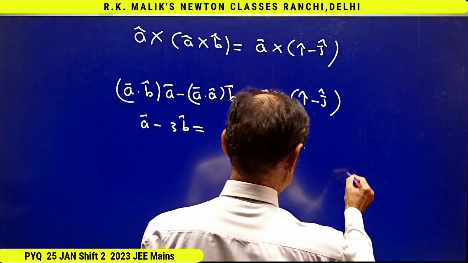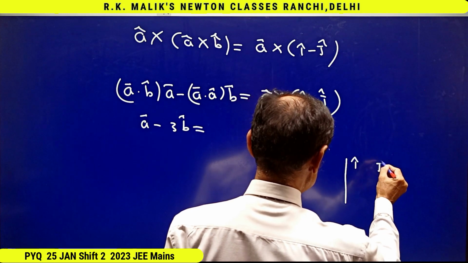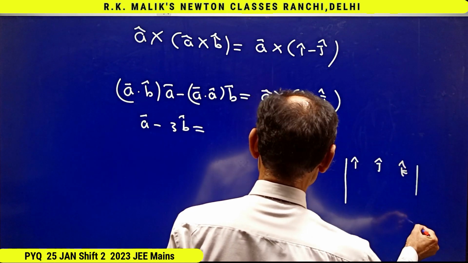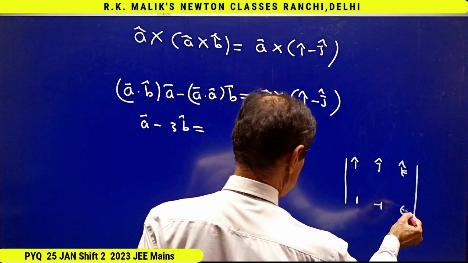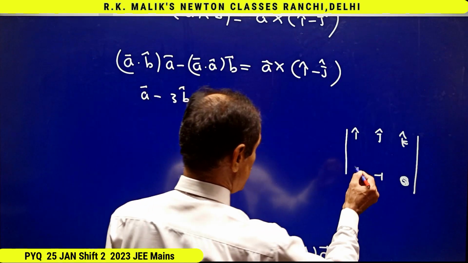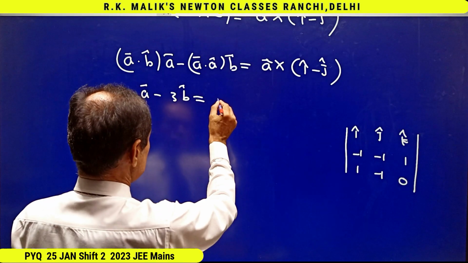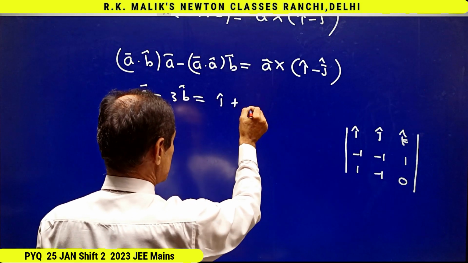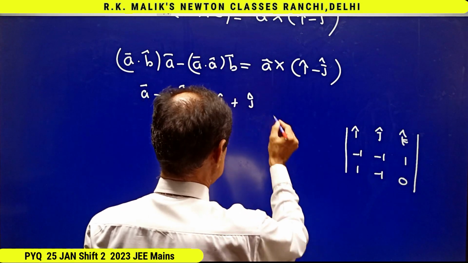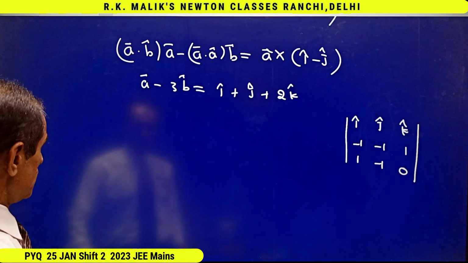Let us first find the value of A cross I minus j, that is I, j, k, 1, minus 1, 0 and 1, minus 1, 0. That is equal to I plus j plus 2k.